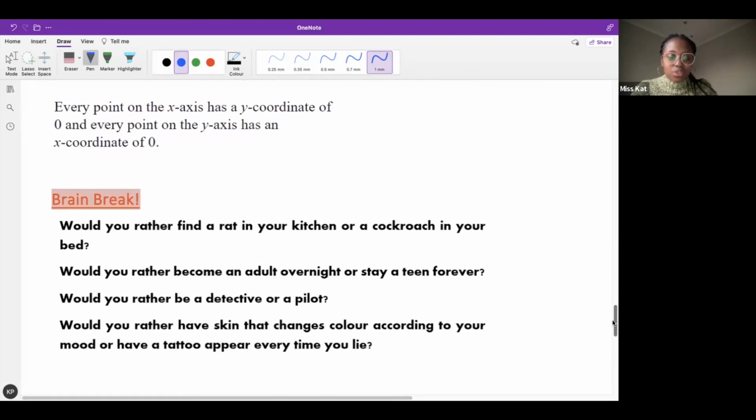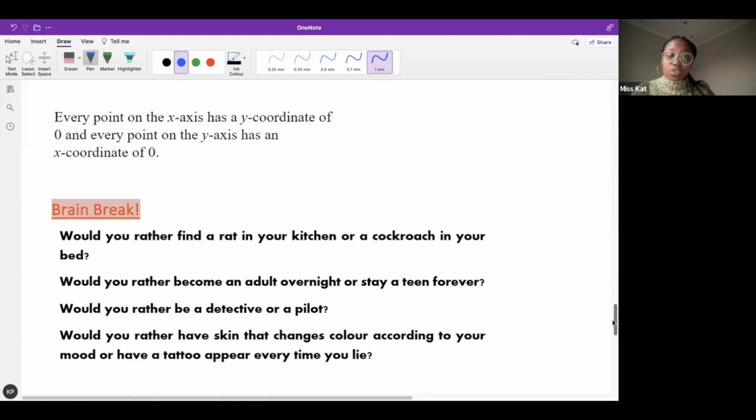Oh, I like this one. Would you rather have skin color that changes according to your mood, or have a tattoo appear every time you lie? Imagine you're angry and you go red. Guys, when you're jealous, you are yellow. This is stressing me. That time, you wore a red coat.